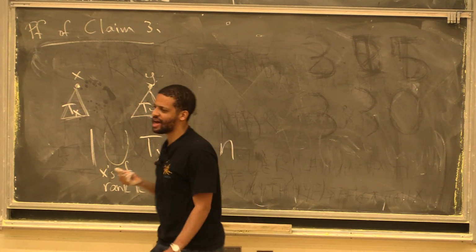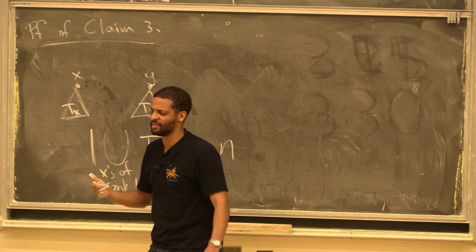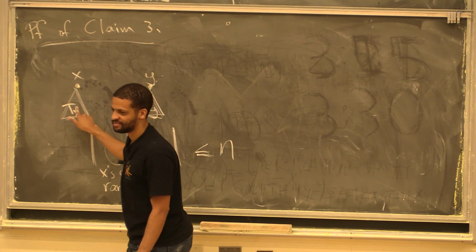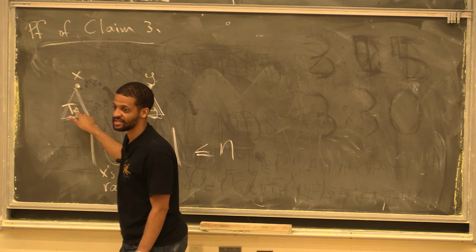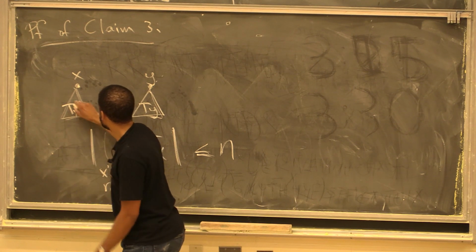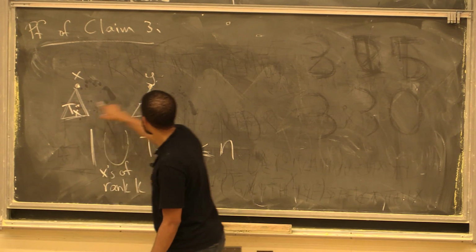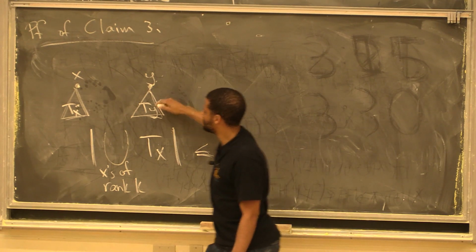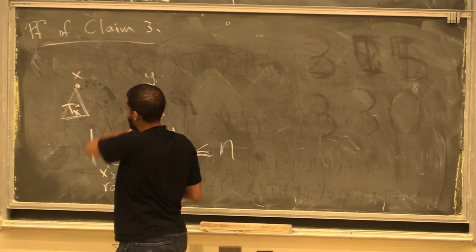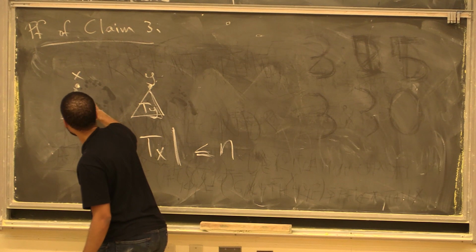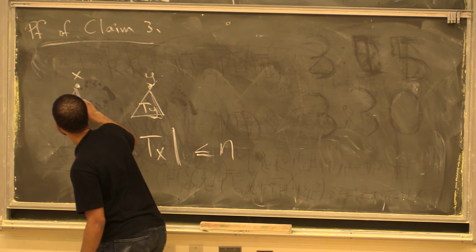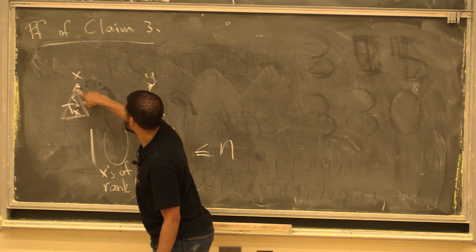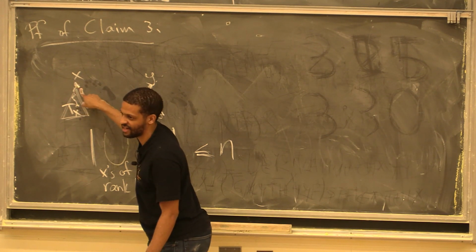Well, to say they're not disjoint means that there's at least one element that's in both trees. So let's look at an element in this tree. Remember, X became rank k first. Let's look at an element in this tree. Can it be the case that this element is also in this tree? Well, remember now, there's some path here up to the root. And this guy has some rank, which is k right now.